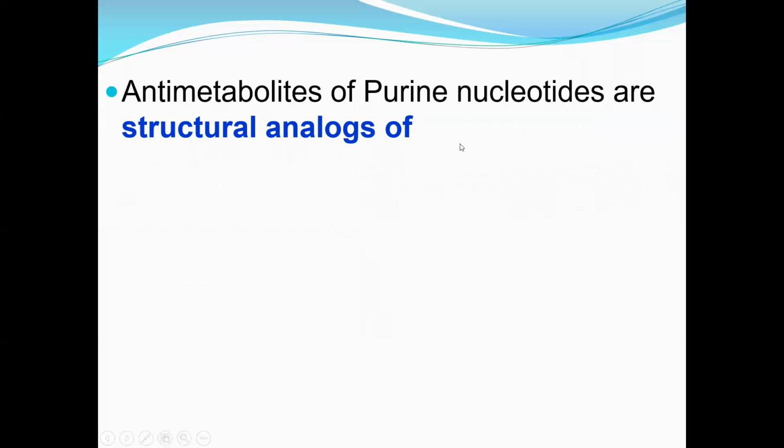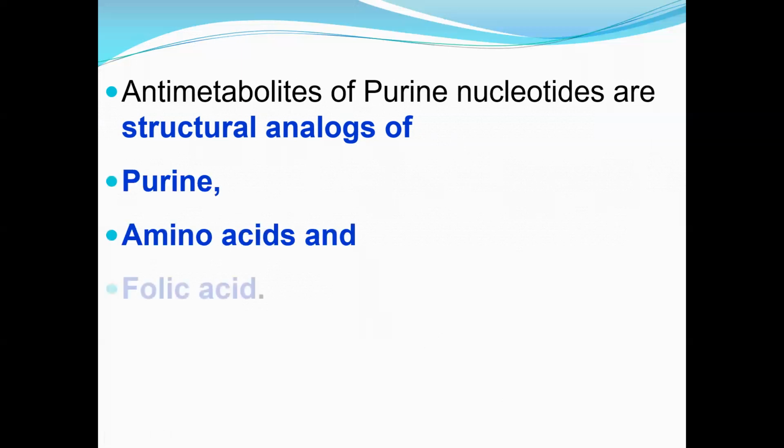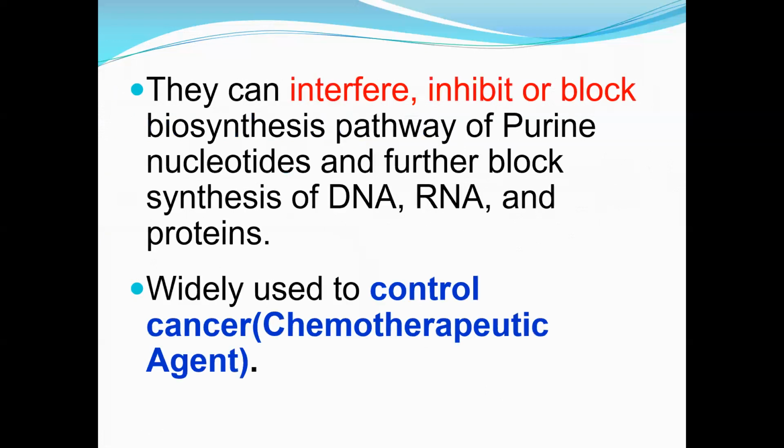Antimetabolites of purine nucleotides are basically structural analogs of purines, amino acids and folic acids. So they can interfere with, inhibit, or block the biosynthesis pathway of purine nucleotides, and further block the synthesis of DNA, RNA, and protein.